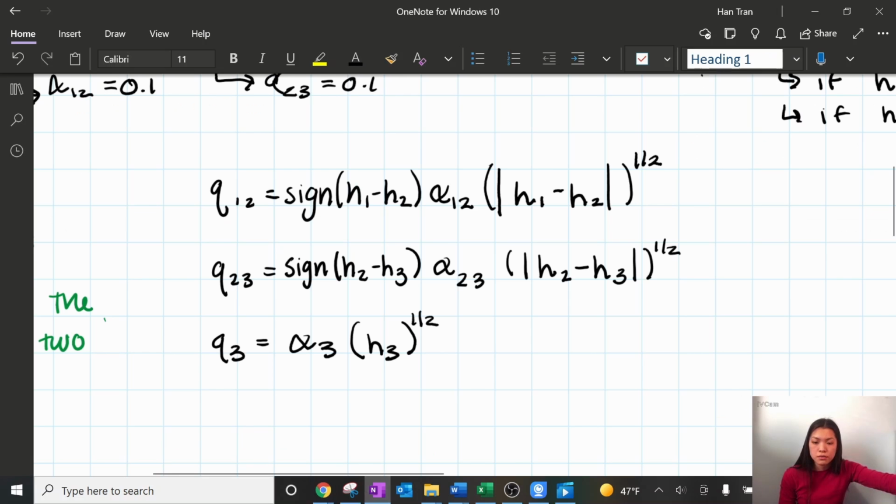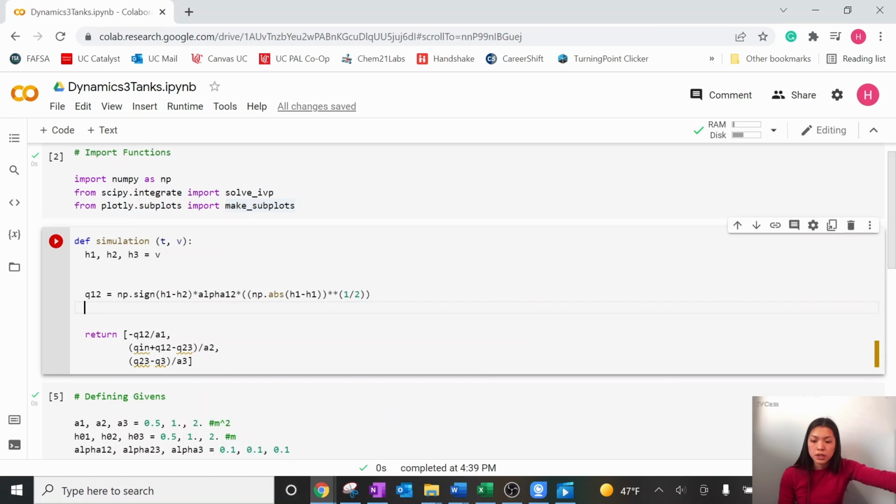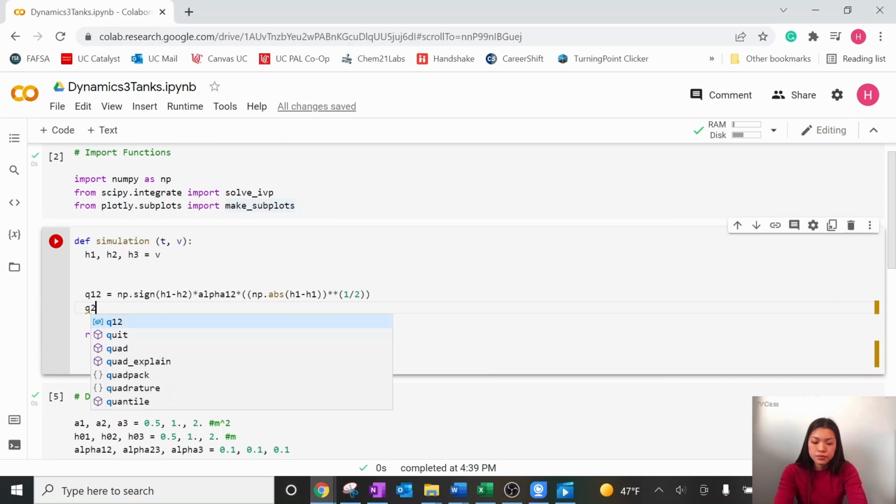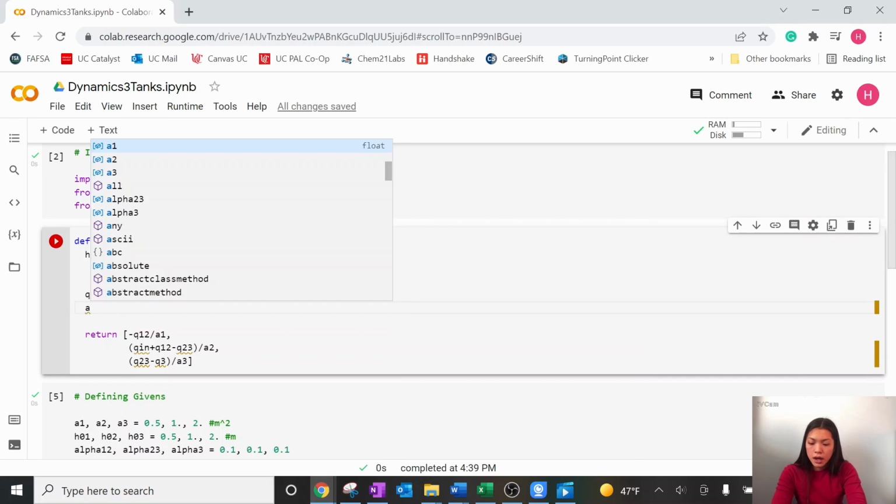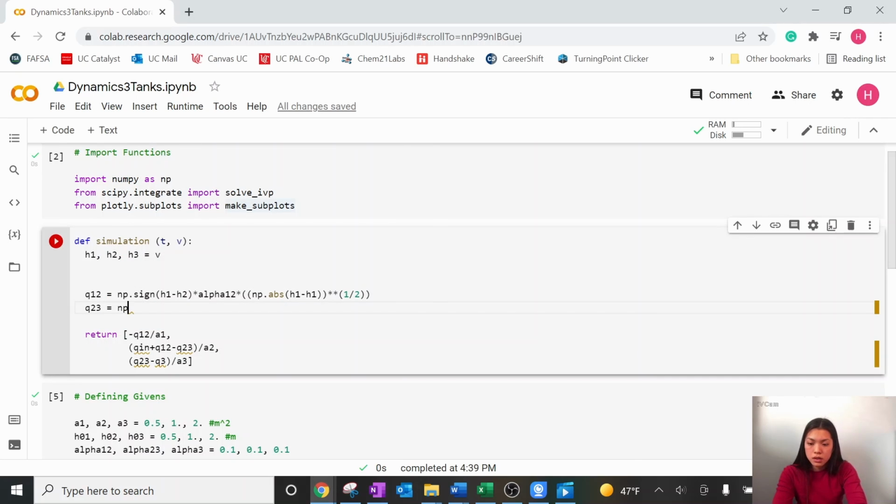And if we look at the flow from tank 2 to tank 3, it's also the sign of the difference between the heights in the two tanks, multiplied by the proportionality constant from tank 2 to tank 3, multiplied by the square root of the absolute value of the difference between the heights of the fluid in tank 2 and tank 3. So we're going to go ahead and put that equation into our code.